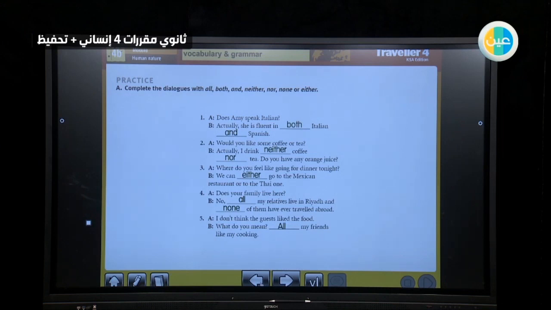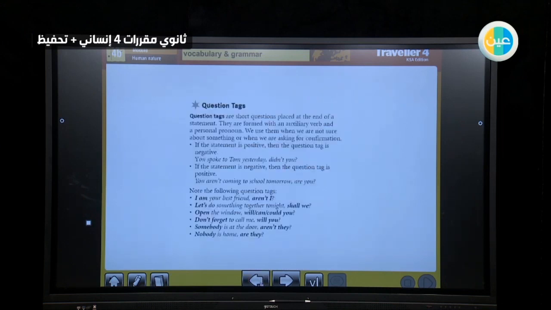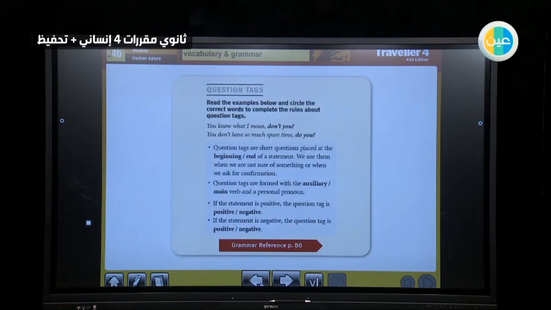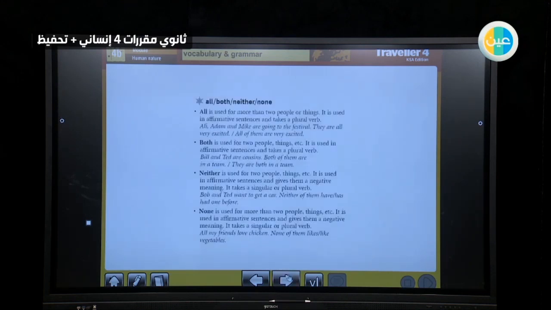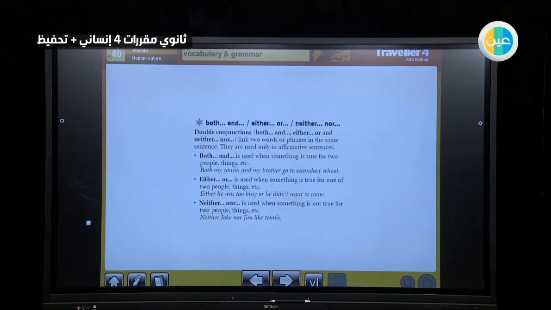Let's move to the next grammar here, which is the last grammar we're going to take in Traveler 4, which is tag questions or question tags. Read the examples below and circle the correct words to complete the rules about question tags. Let's move to grammar reference, page 80.